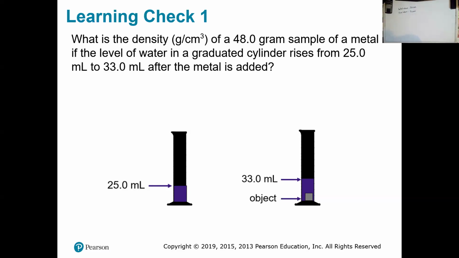We're going to subtract those to figure out the volume of the metal piece. The 33 milliliters is going to represent the metal sample plus the water.